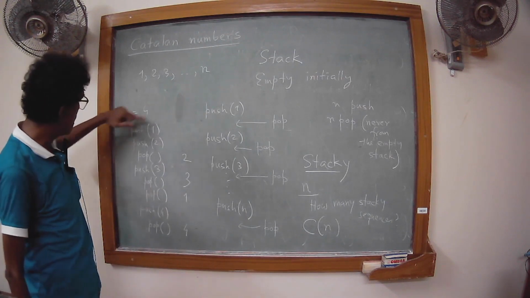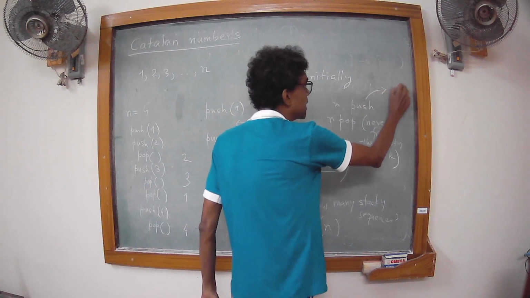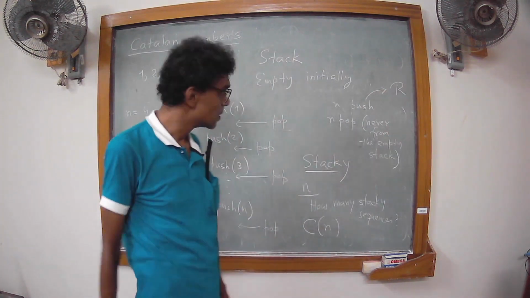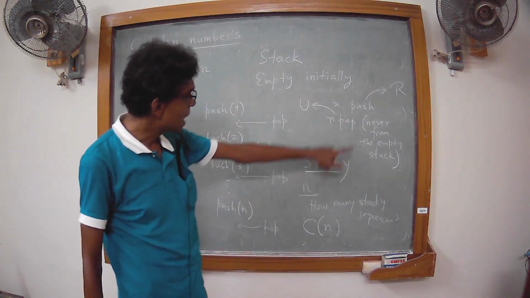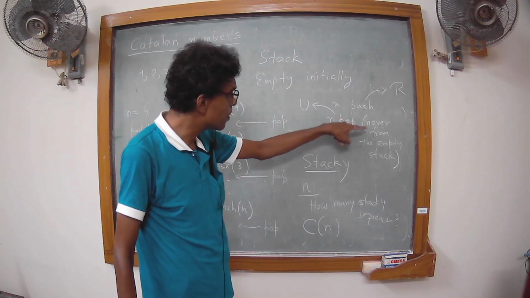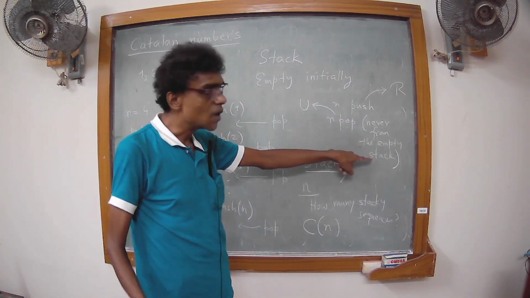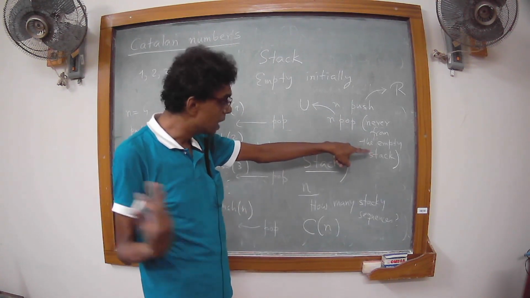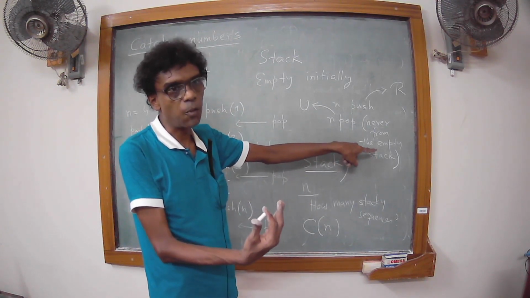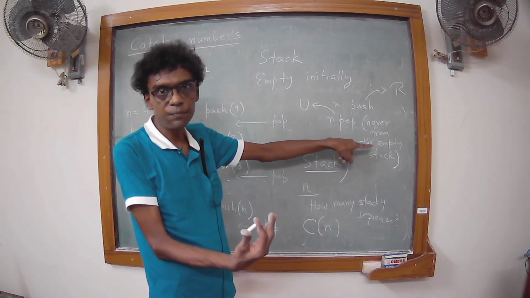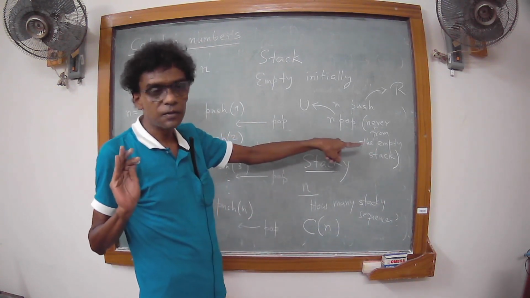Because you can think of each push as a right movement, and pops as up movements. And this extra condition, never pop from an empty stack, implies that if you have made k pushes at any point, you cannot make the k plus first pop at this point of time. In other words, you cannot cross that line y equal to x.